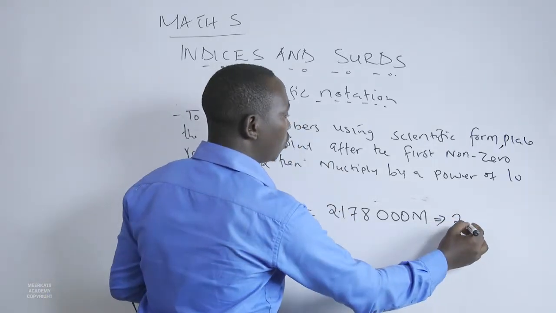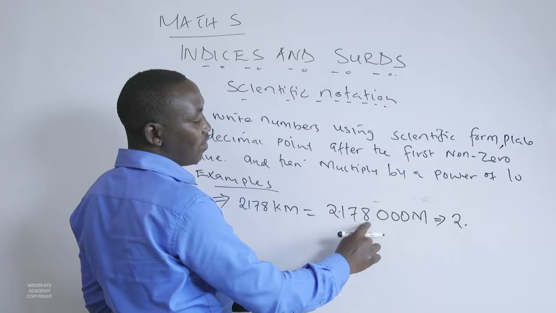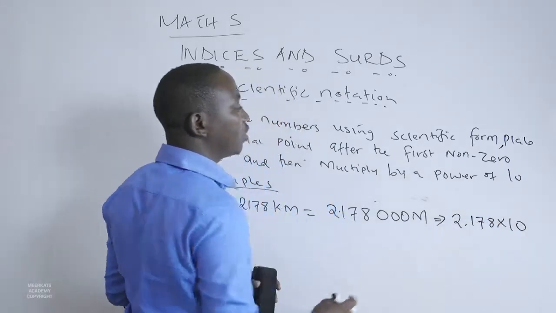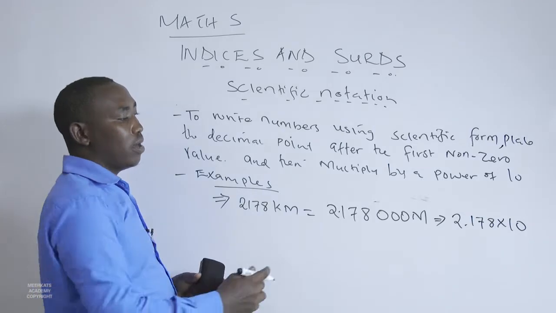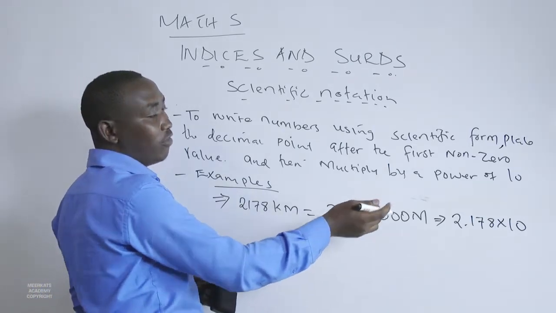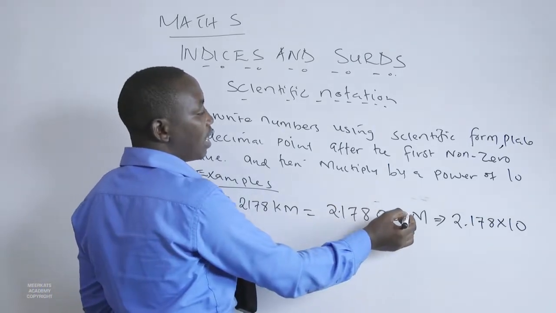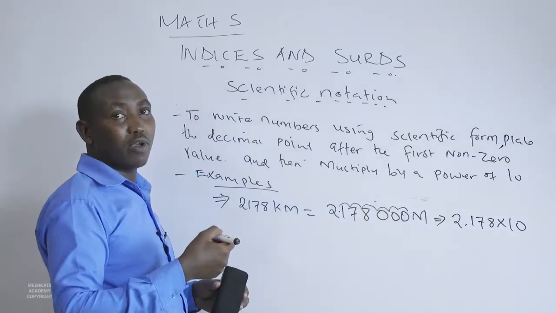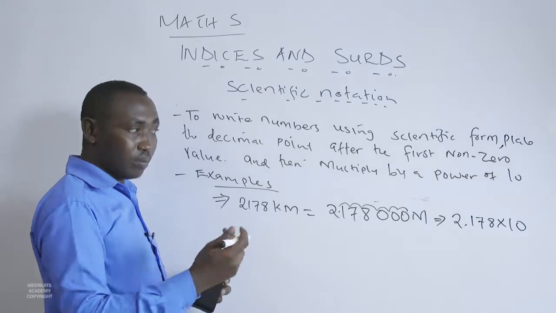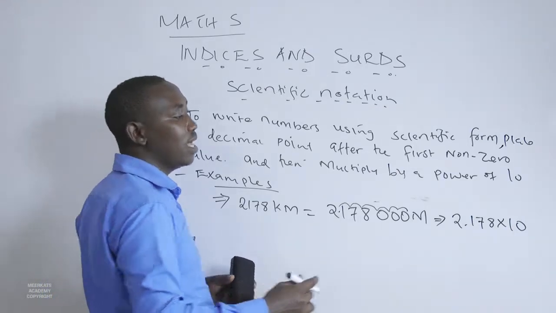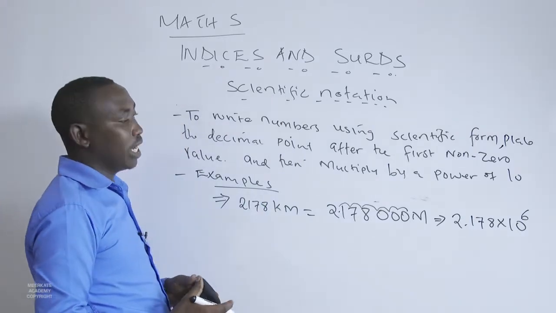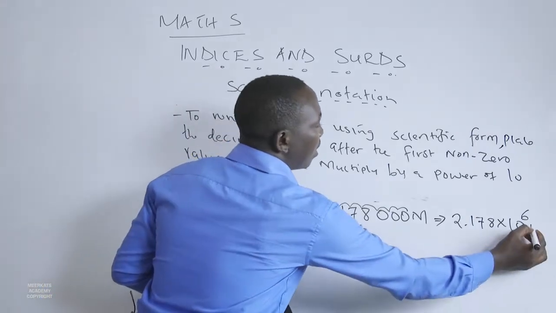So you're going to have 2.178 times 10 raised to the power, depending on the number of decimal places you have come: 1, 2, 3, 4, 5, 6. Because you have come towards the left hand side, this will be a positive power, so raised to power 6 meters.